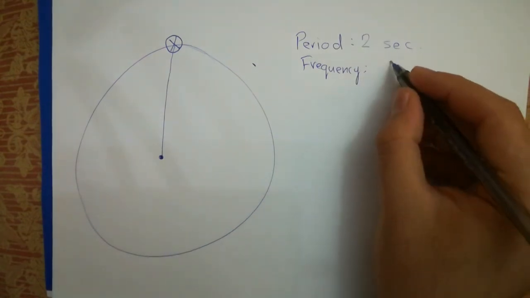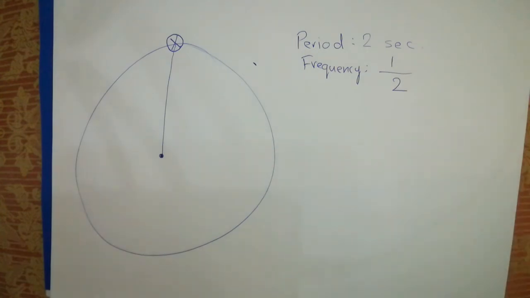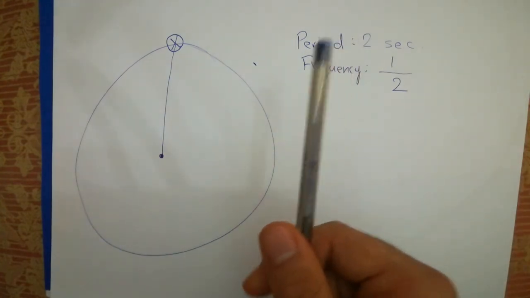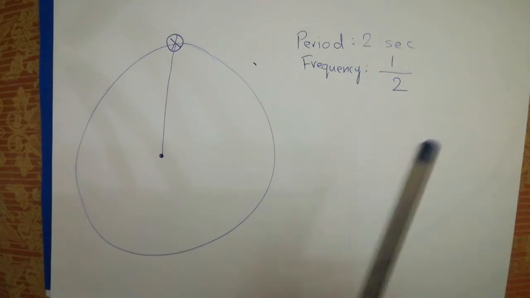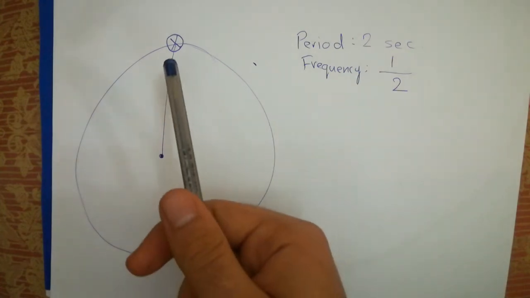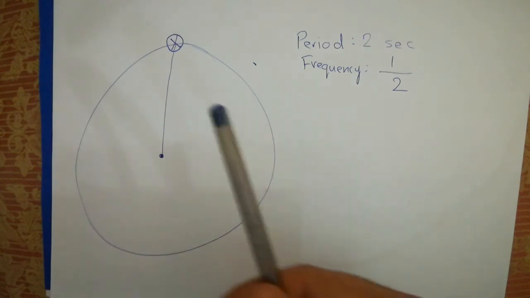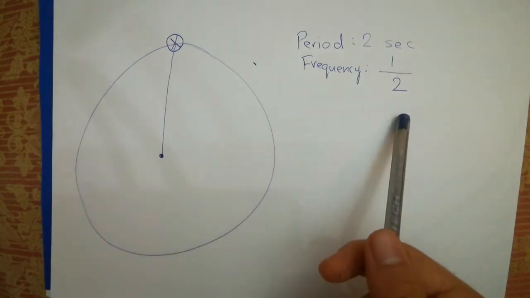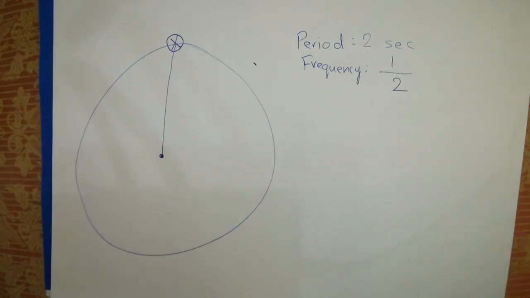So you have 1/2, because frequency is the reciprocal of period. That's the easy way. But we don't want the easy way. We want to understand it. So this takes 2 seconds to finish a complete cycle. In 1 second, it finished half a cycle. So the frequency is 1/2.